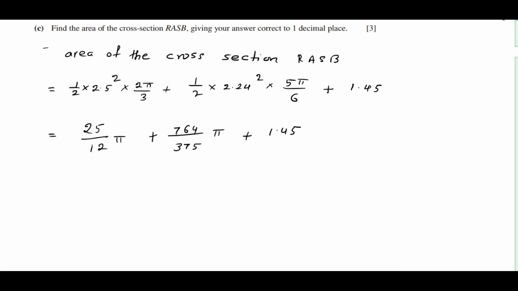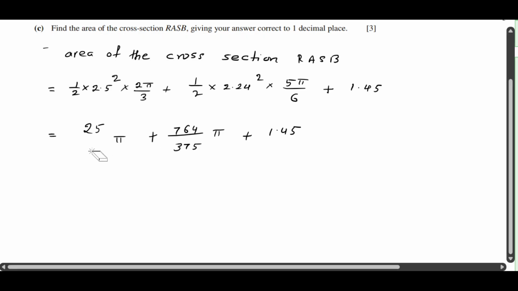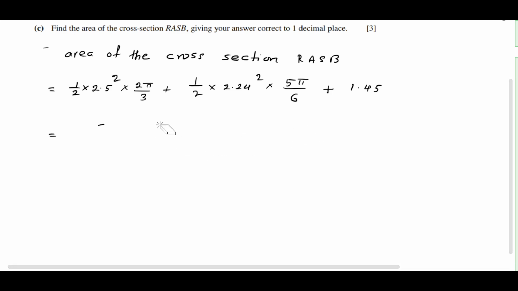I have made one big mistake. This particular part, the angle 2 pi by 3 that I am taking, is not correct. So we have to erase this part. We made the mistake over here.